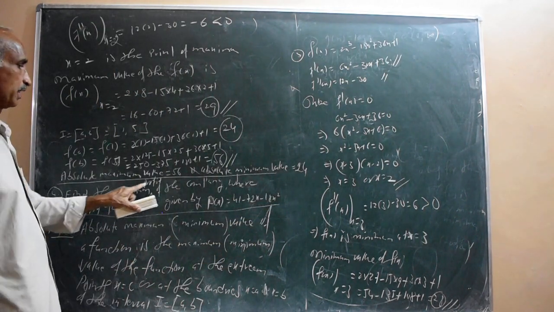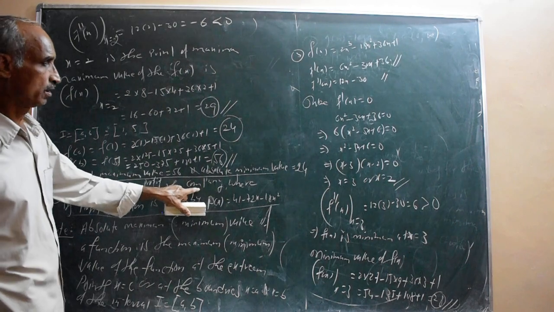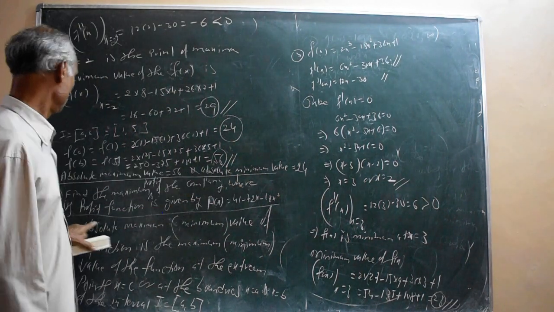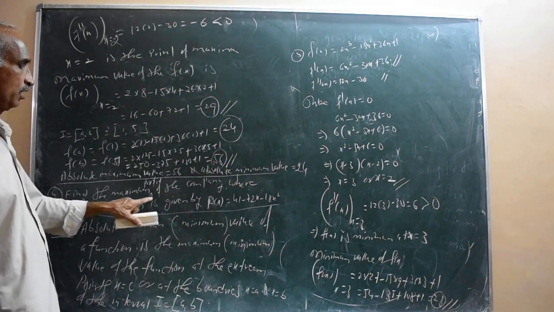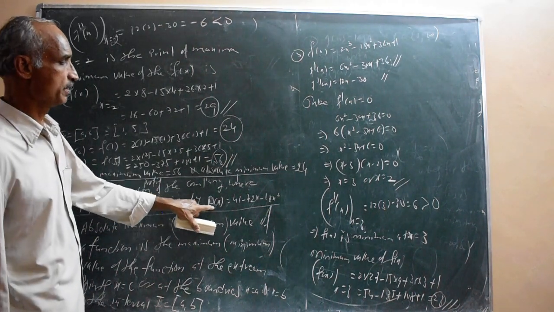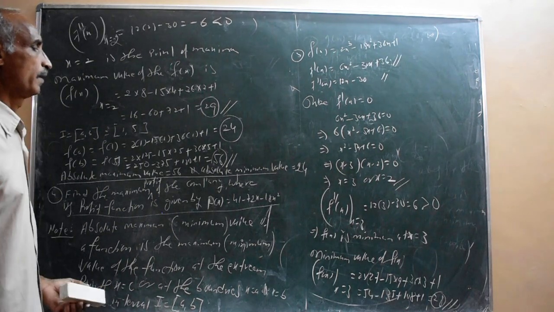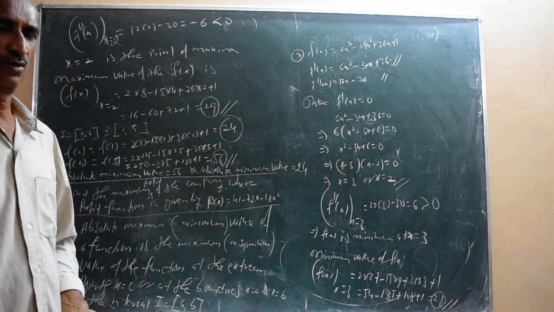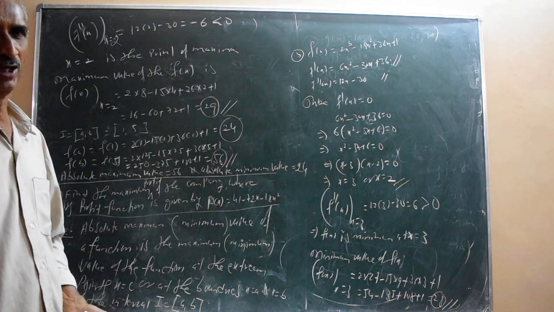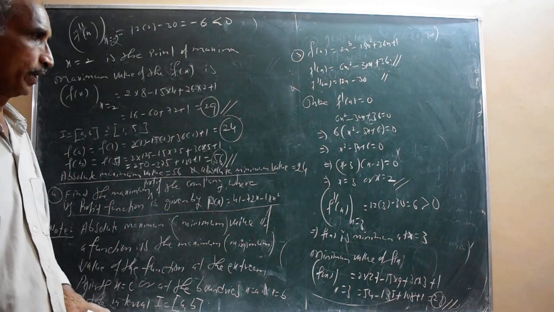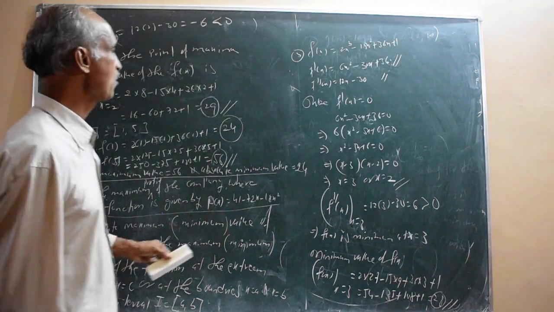Find the maximum profit of the company where its profit function is given by p of x is equal to 41 minus 72x minus 18x square. This is just similar to finding the maximum value, the local maximum value, not the absolute one.